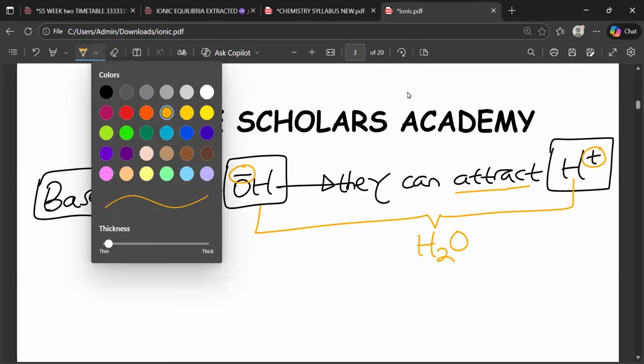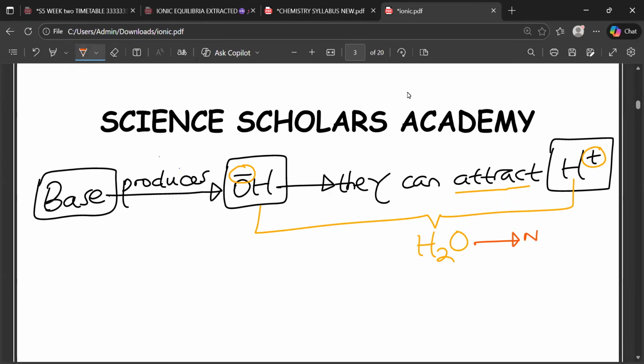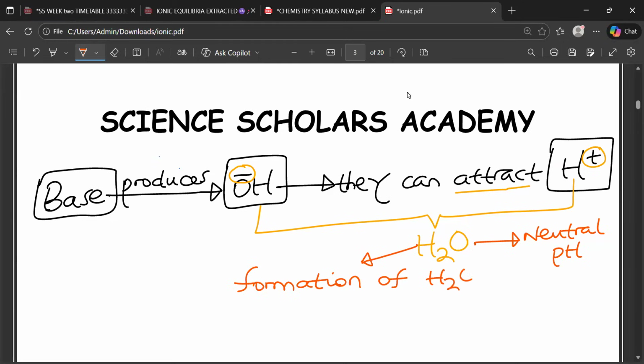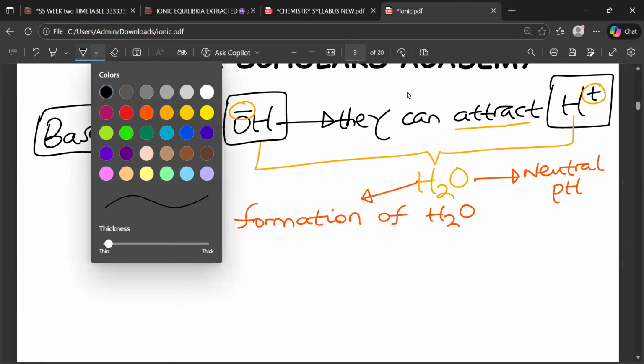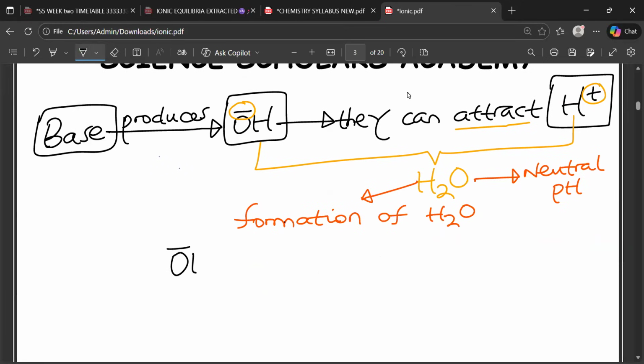And formation of water, because we all know from O level that water has a neutral pH. Water has a what? A neutral pH. So the formation of water, when the OH interacts with the H plus to form the water.